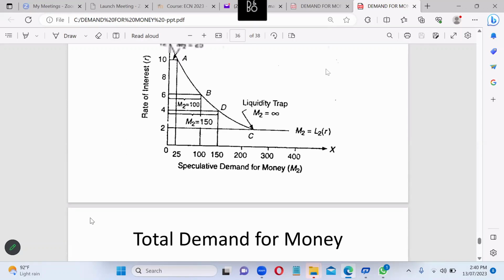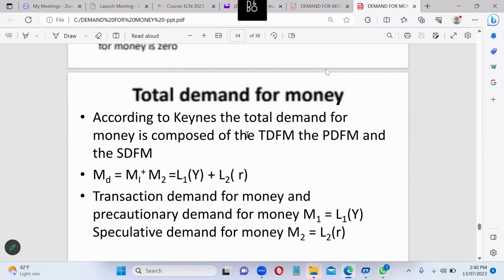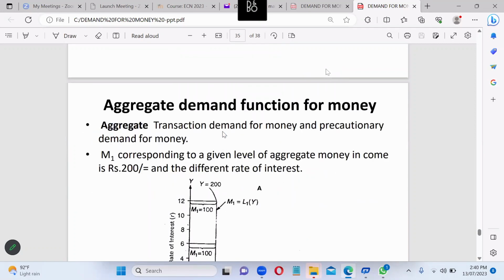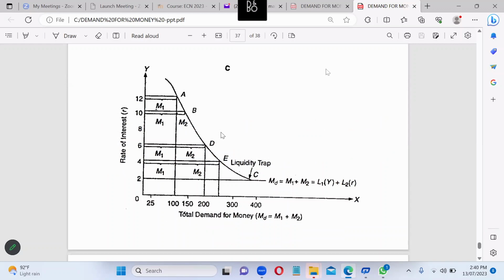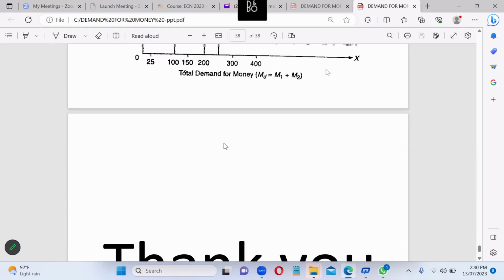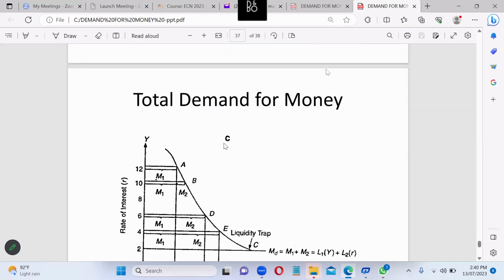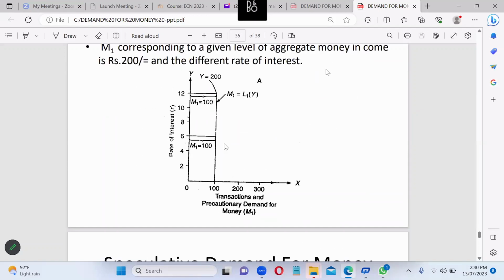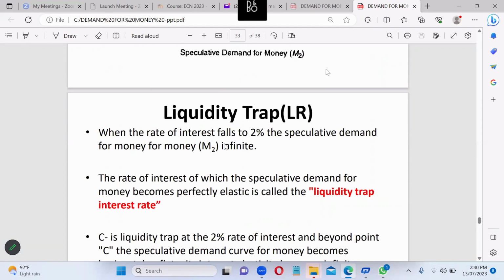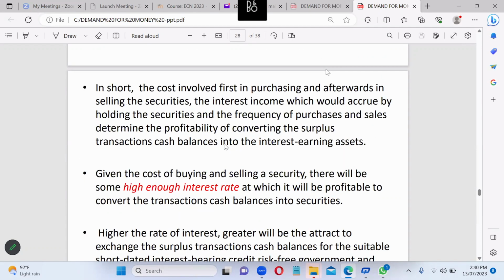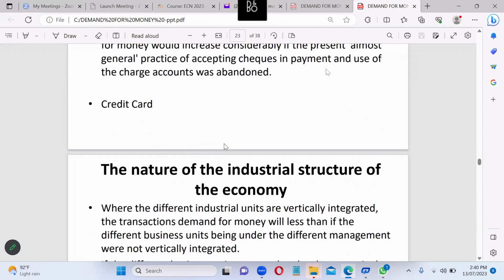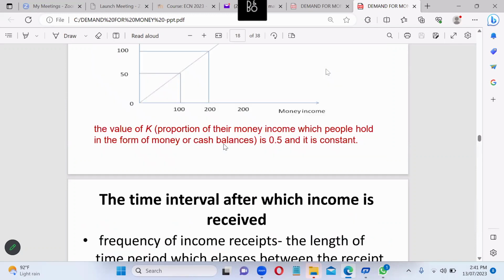At this point, this was elaborated by this graph. Okay, this is not a very big issue. The main concept is why we are holding money nowadays. What is demand for money, and what are the three major concepts of demand for money through the Keynesian development and the Fisher development also.